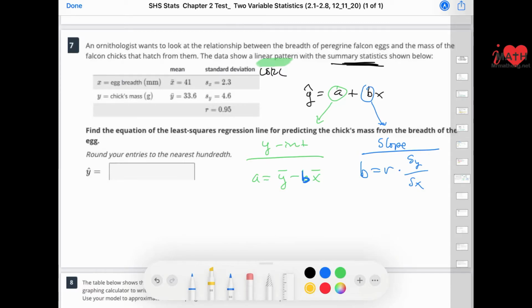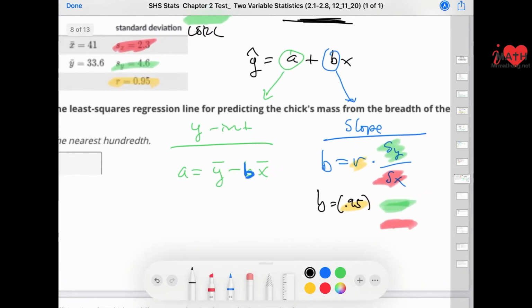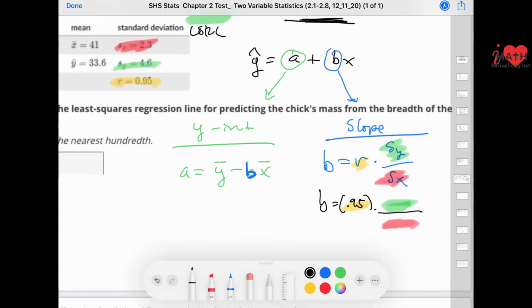Okay, let's go ahead and find these. So my correlation is here. The standard deviation of y is here. And the last one we will use red. Sx is here. Let's put those in. b equals 0.95. This is a fraction, so 4.6, and red is 2.3.